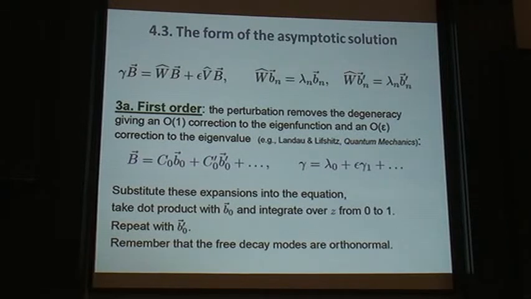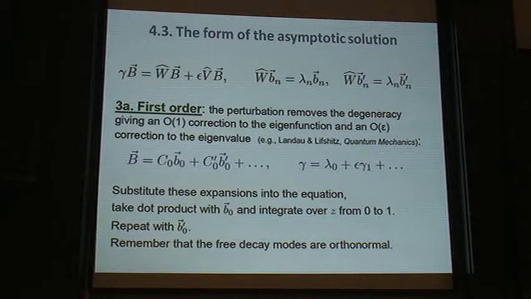Right? Now, take a dot product with B naught and integrate. This term will go, this term will go, and you will get gamma naught is equal to lambda naught. This is where I started. Now we can do the same here. Again, I will have gamma 1 C naught, this will integrate to 1, and this will integrate to 0.